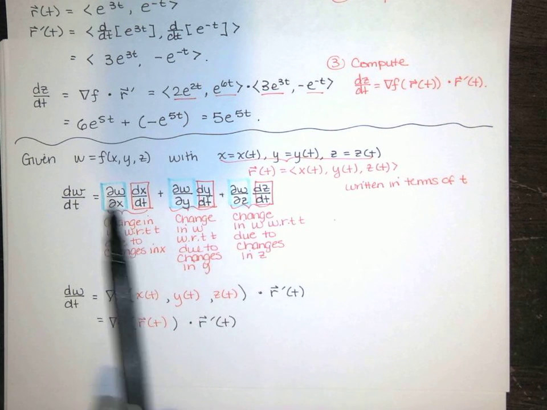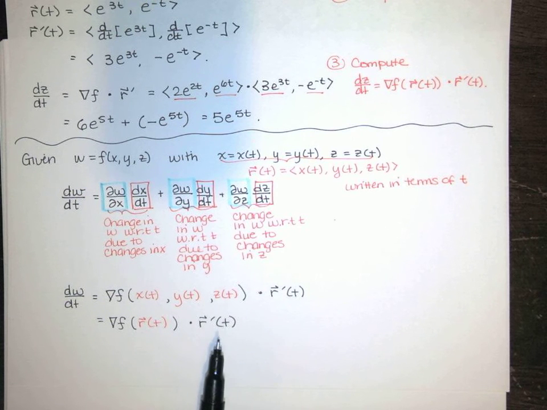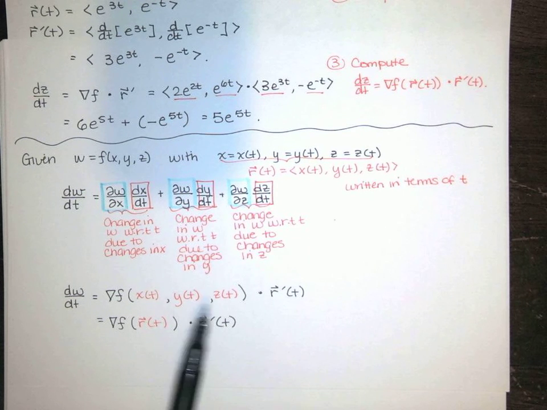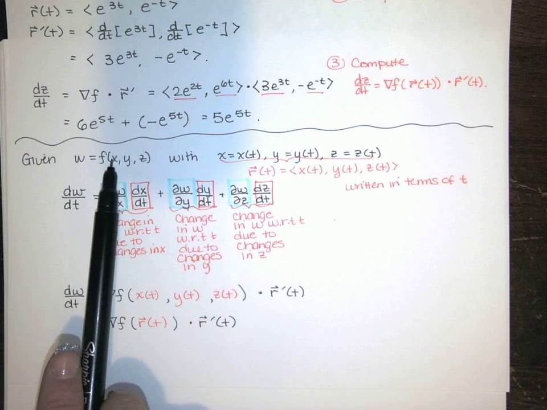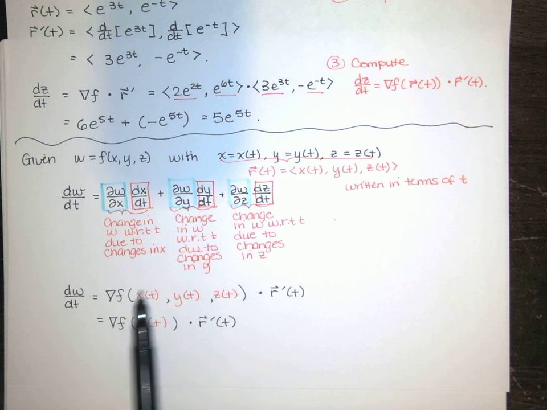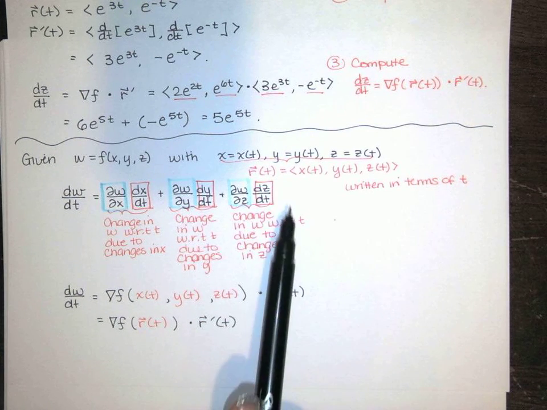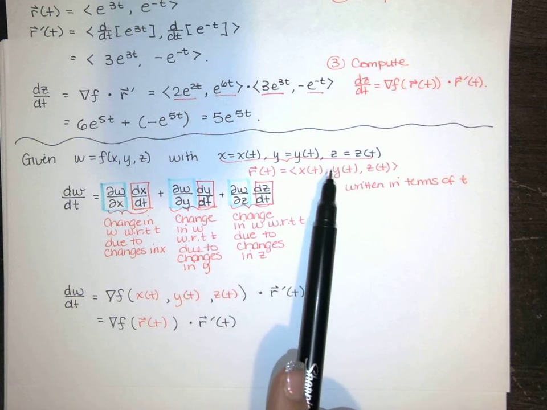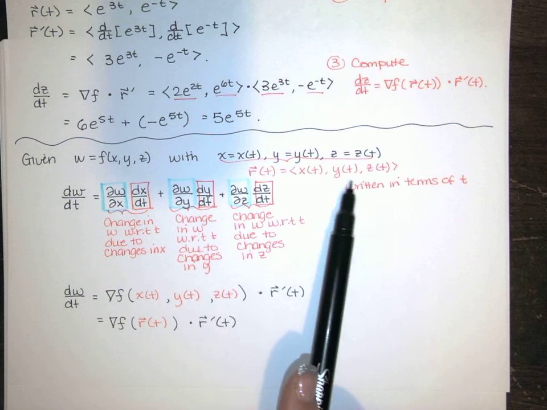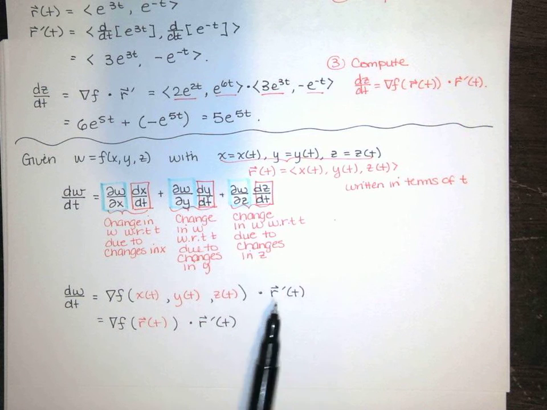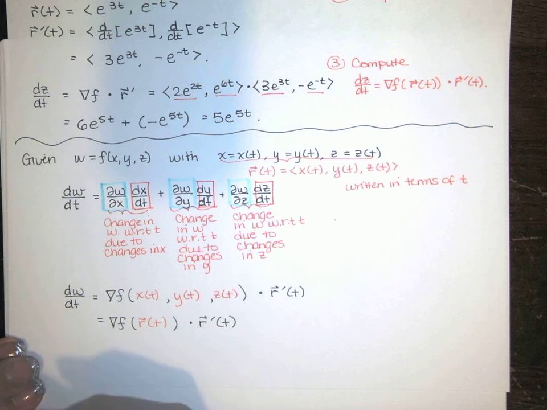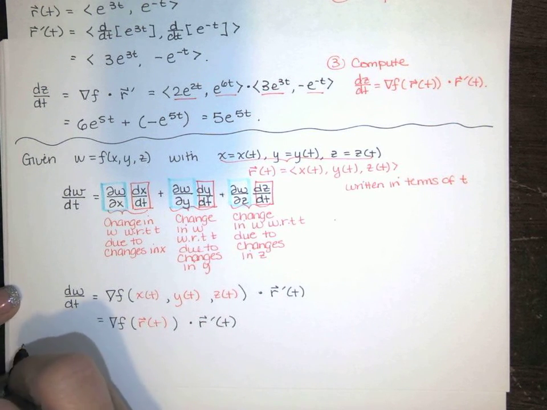I don't even have to think about those three terms if I do this in terms of a dot product. I'll just take the gradient of w, which depends on three variables, so it will have three terms. And I take the derivative of r, which has three components, because it has an x, a y, and a z. I take those two vectors and I dot them. Okay, so that is the second case.